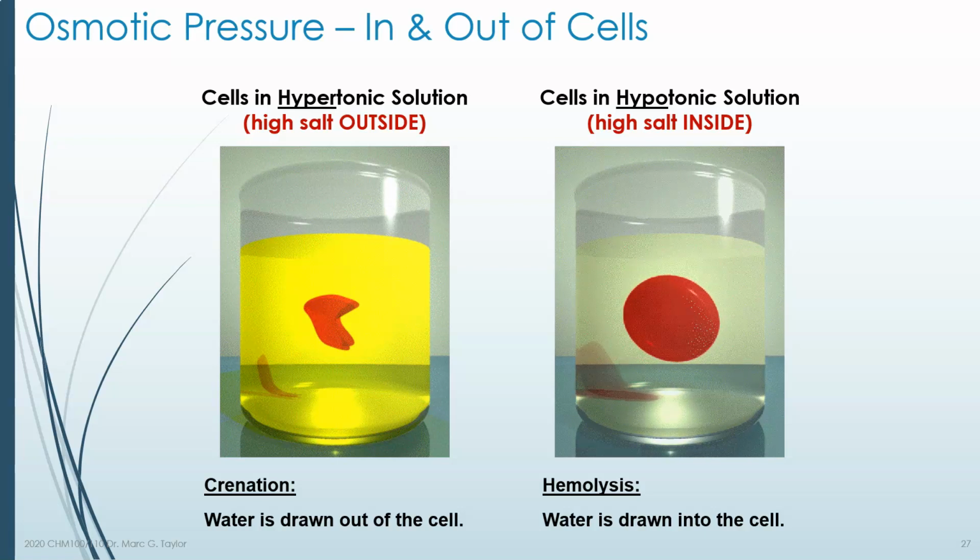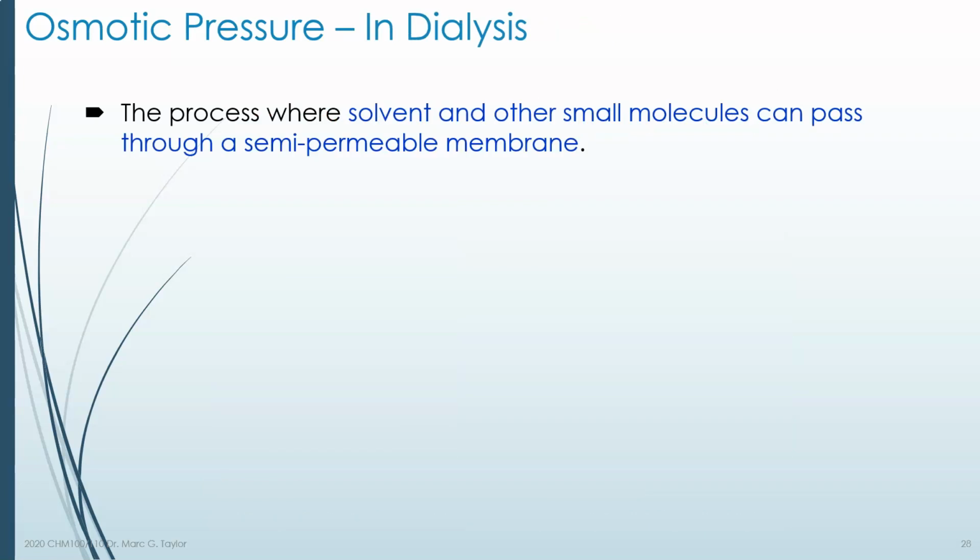It might even be pure water. And as a result, it's flowing into the cell and will keep flowing in until the cells rip apart. And you definitely do not want this in a human being or in any animal you're giving fluids to. Otherwise, the cells will rupture, you get hemolysis, and all these broken red blood cells will suddenly clog up the veins, and this will cause a lot of damage to the body, including organ failure.